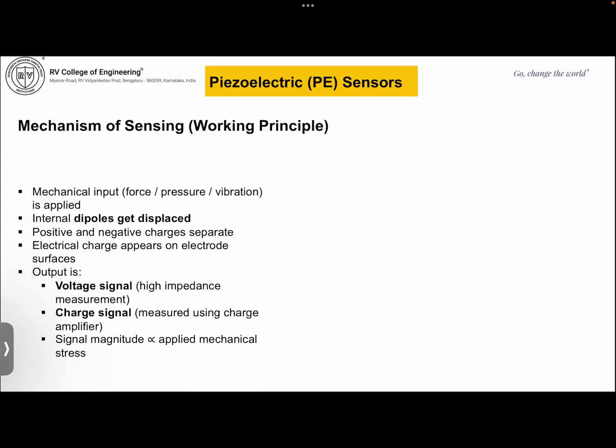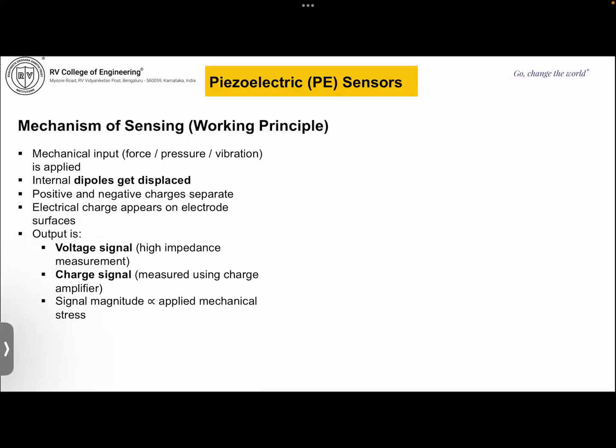Let us look at the mechanism of sensing, the working principle in piezoelectric sensors. So here the mechanical input, the pressure or the force or vibration, is applied onto the material. As a result, the internal dipoles, positive and negative, get displaced when you apply the mechanical input. As a result, the positive and negative charges get separated.